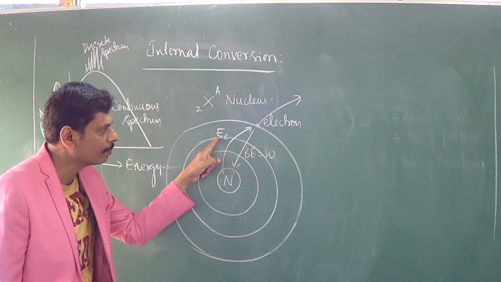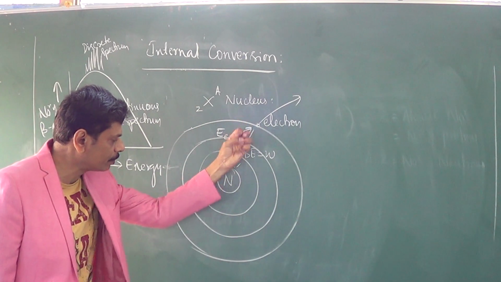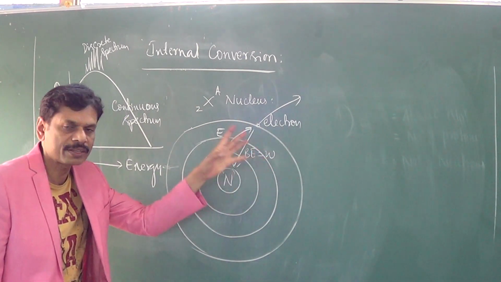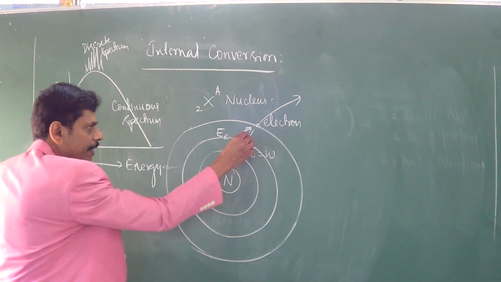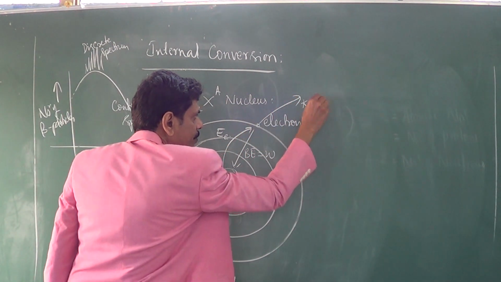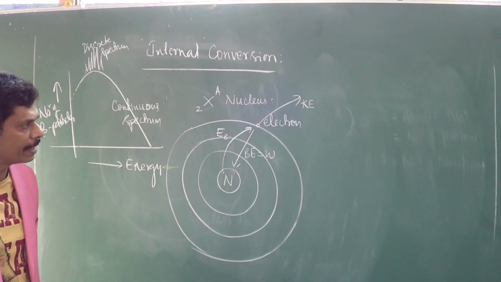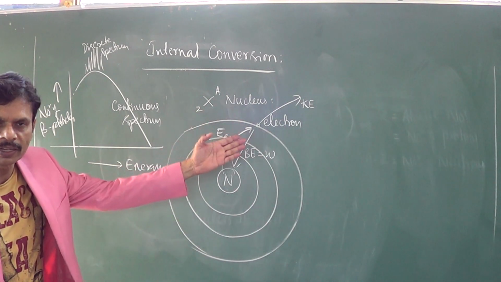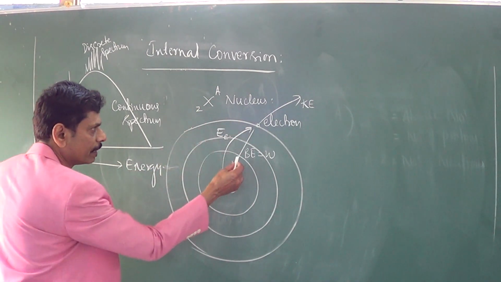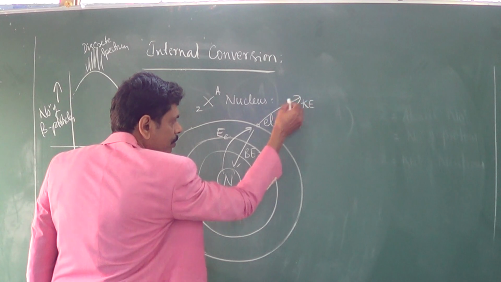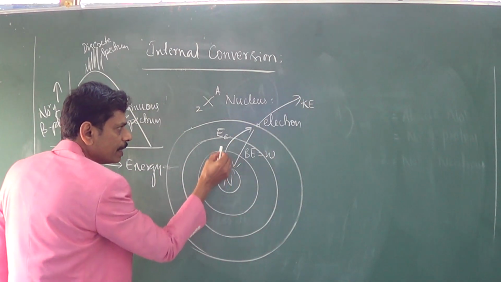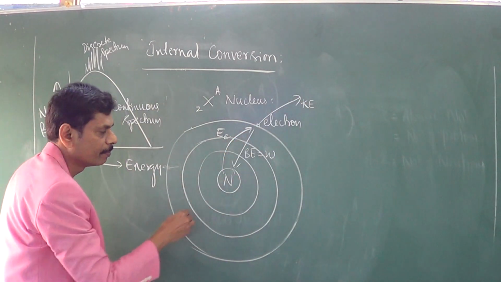The electron is bound to the nucleus with binding energy W. Now the electron comes out with a kinetic energy, which we can calculate very easily using the law of conservation of energy: the kinetic energy is equal to EE minus the binding energy.